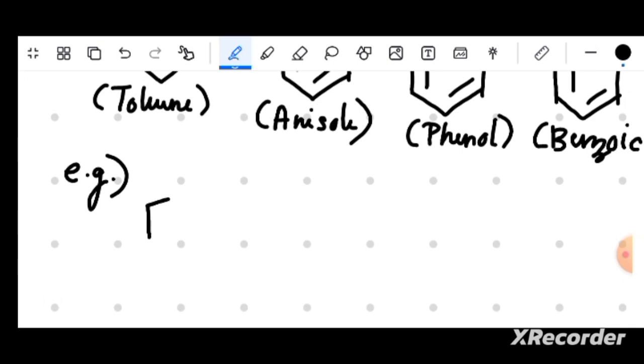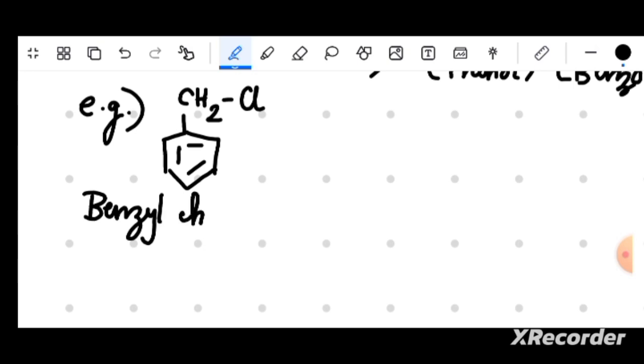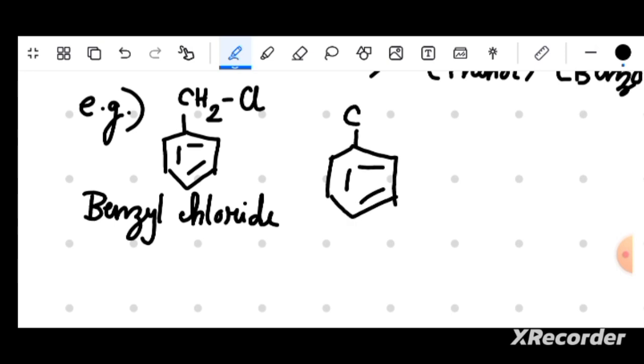If it is something like this, it will be called benzyl chloride. If it is something like this, this will be called benzaldehyde.